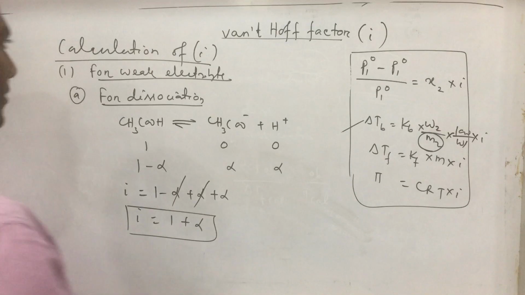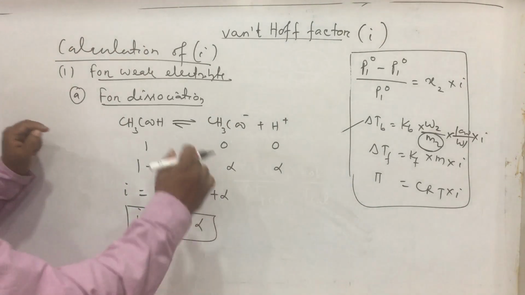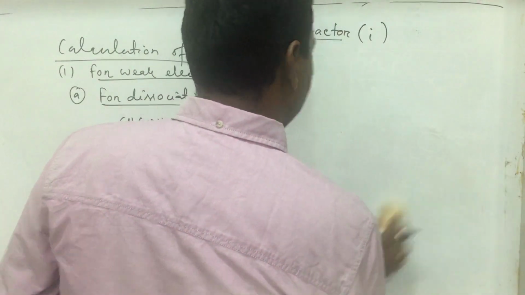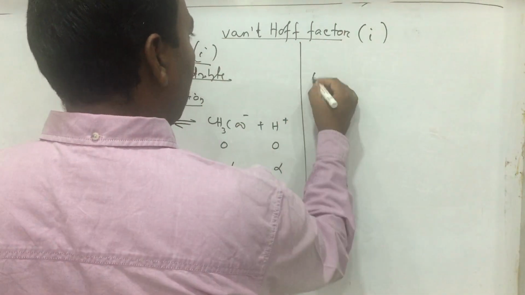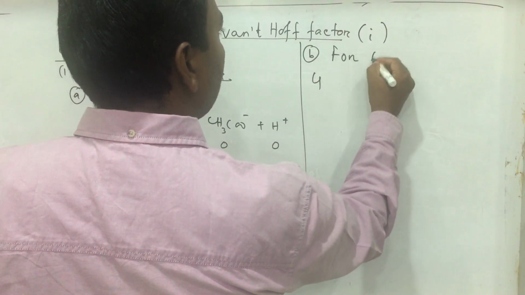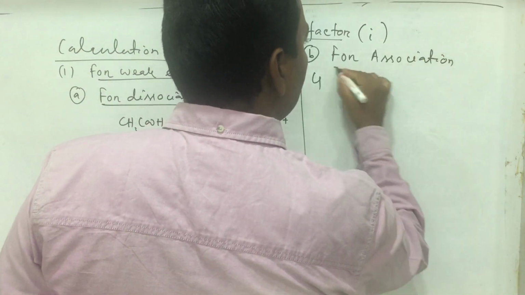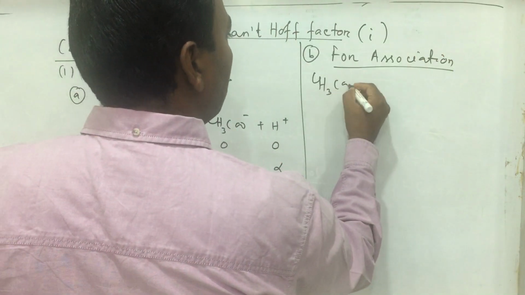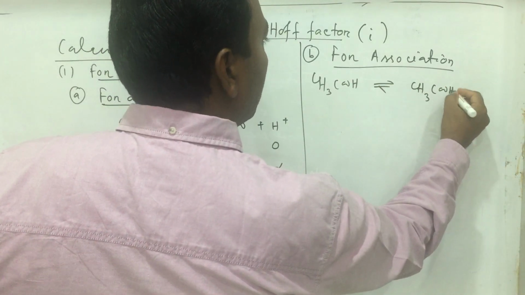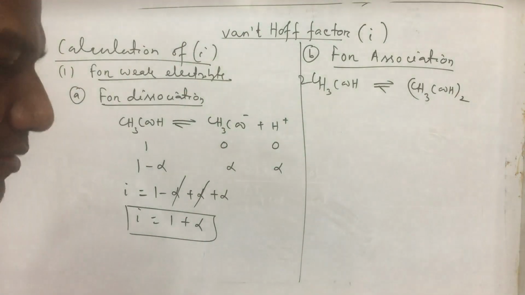Okay. Similarly, when the solute undergoes association, you see the formula. When solute undergoes association, B is for association. For example, CH3COOH becomes (CH3COOH) whole twice, which means two molecules behave like one molecule.